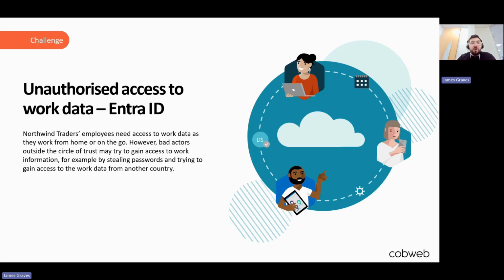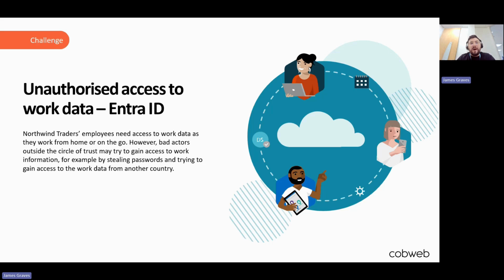So first off, we're looking at unauthorized access to work data, and this is using a piece of the Business Premium license, which is known as Entra ID. Now, Entra ID is all about your identity. So this is all about your users, their identities, their passwords, what they do and don't have access to, and how they can access that information. So in this scenario, we've got Northwind Traders.